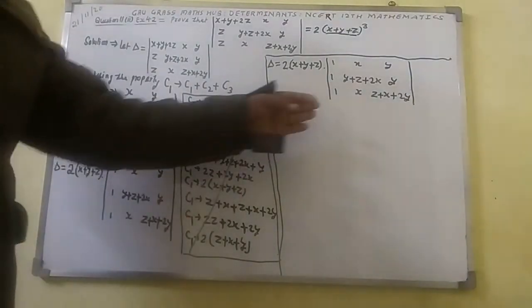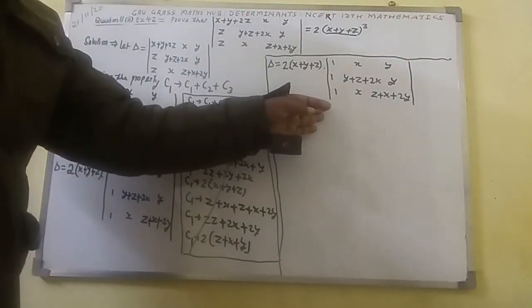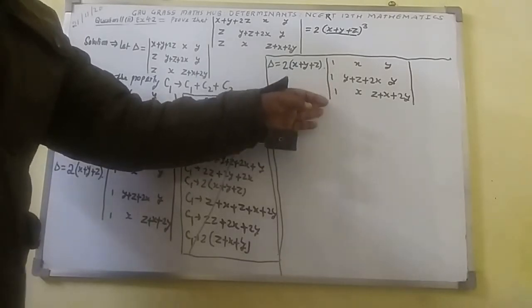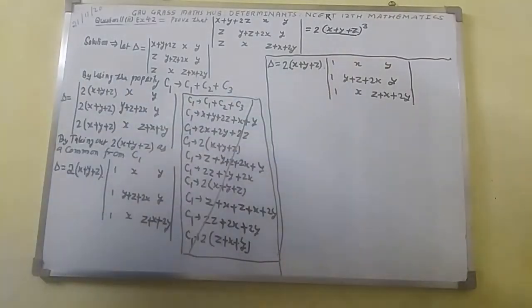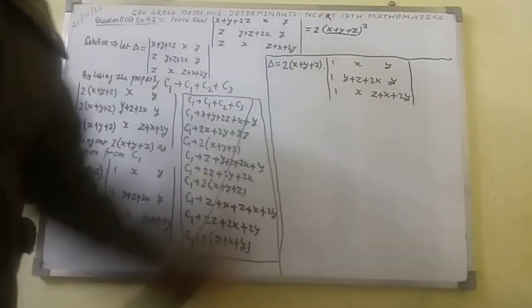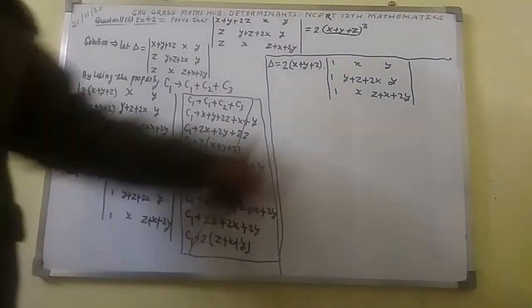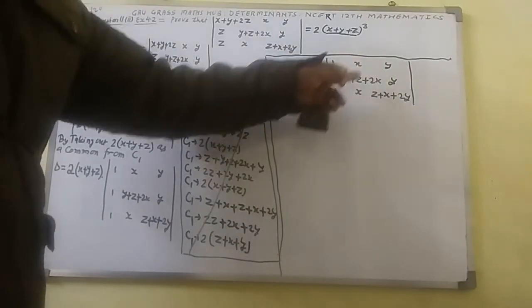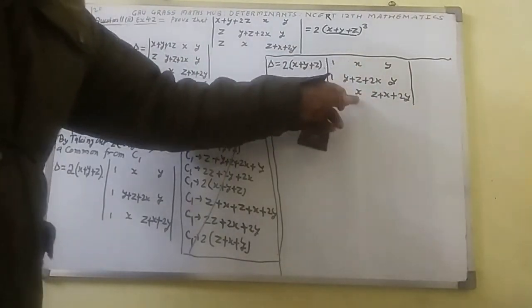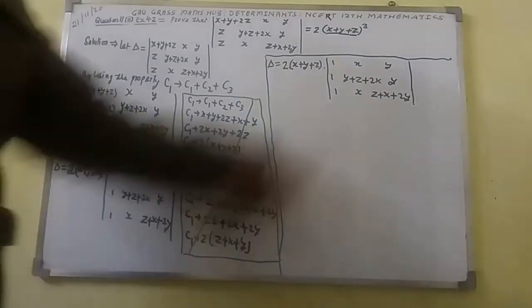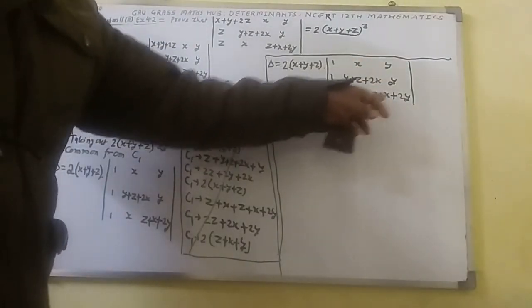Now think over this determinant. Here you can see in this determinant, first column is 1, 1, 1, second column is x, y plus z plus 2x, x, and third column is y, y, z plus x plus 2y.